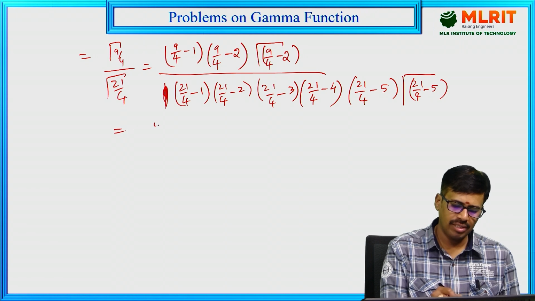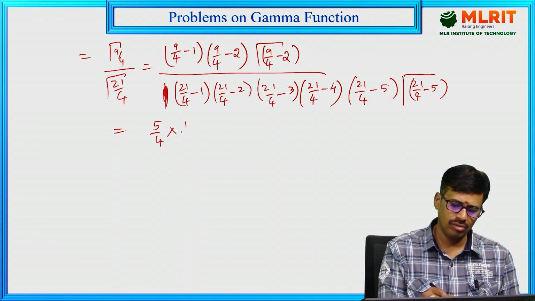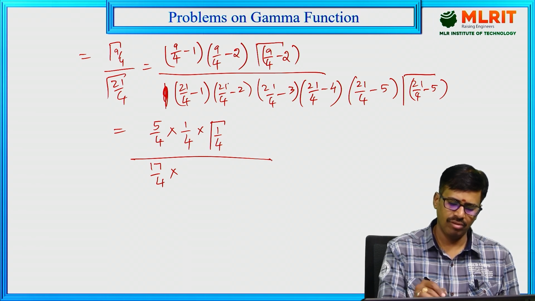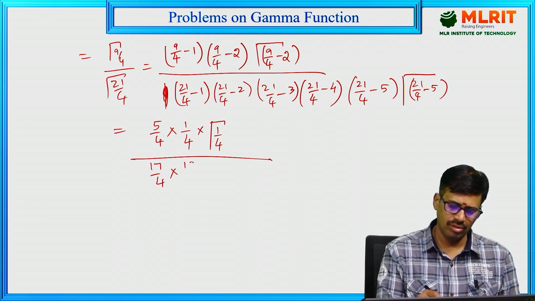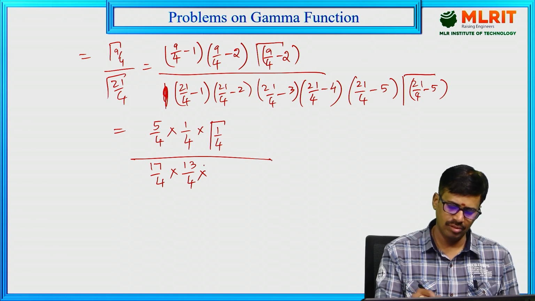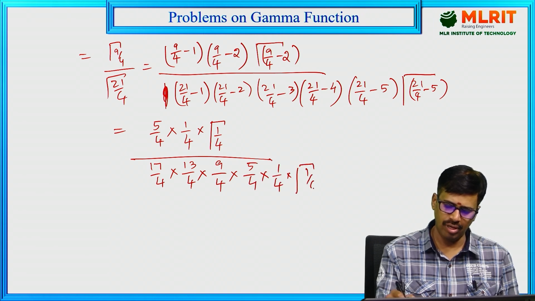So this can be written as 5 by 4 into (9 by 4 minus 2 is 1 by 4) into gamma 1 by 4, divided by 17 by 4 into 13 by 4 into 9 by 4 into 5 by 4 into 1 by 4 into gamma 1 by 4.